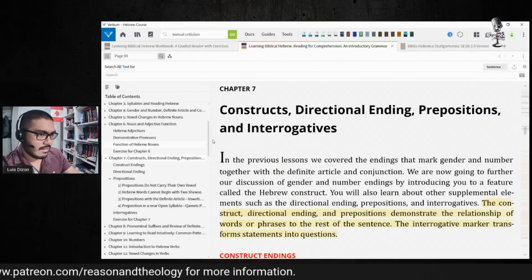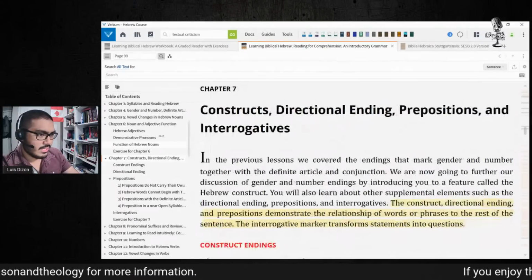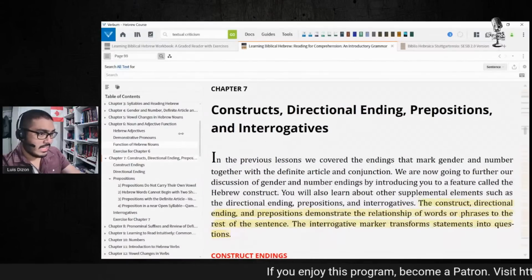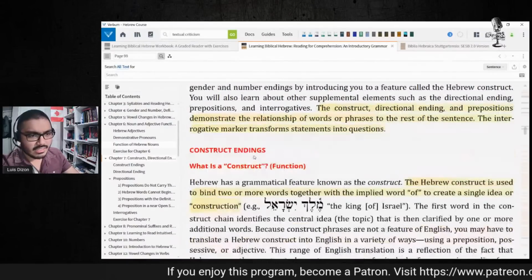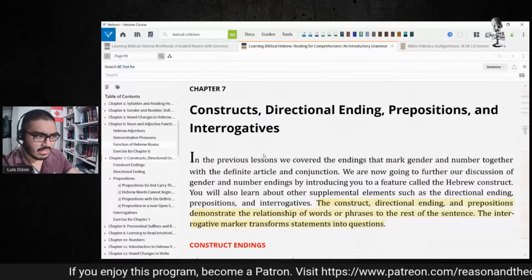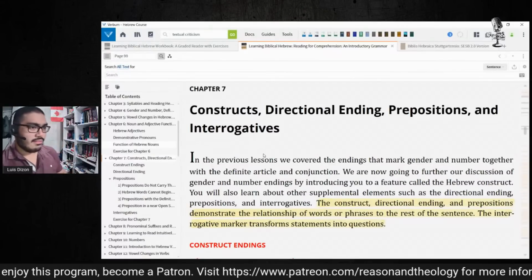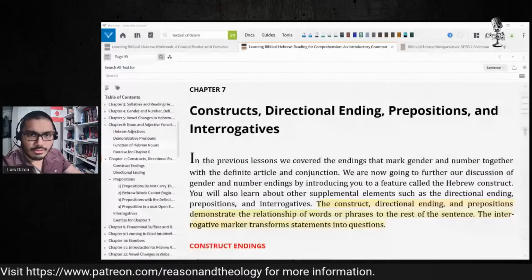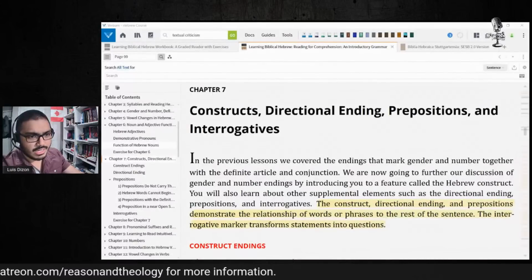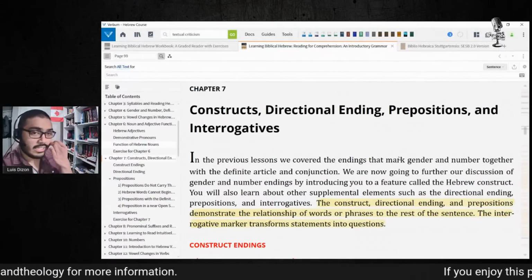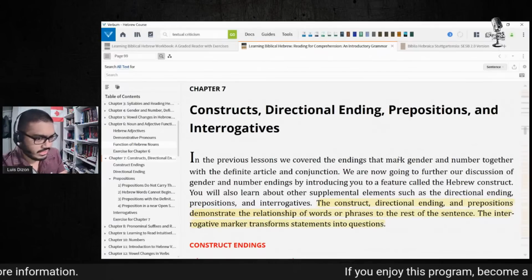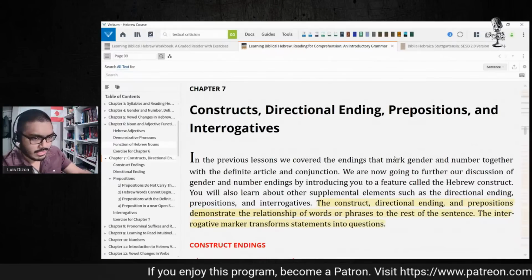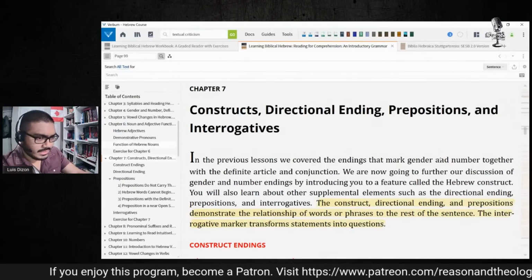If not, try to review those things, especially review nouns and adjectives. Don't worry too much about vowel changes. It will come up again today. We will discuss some of the vowel changes, but only briefly. You don't have to worry too much about it unless you plan on learning Hebrew at a really advanced level, in which case you really will need to learn this stuff in detail, which involves memorizing all the rules.